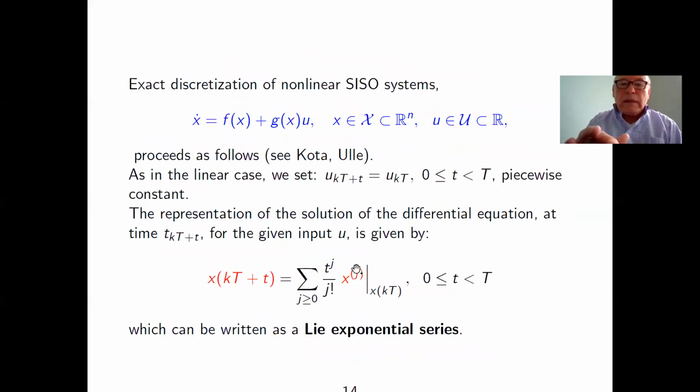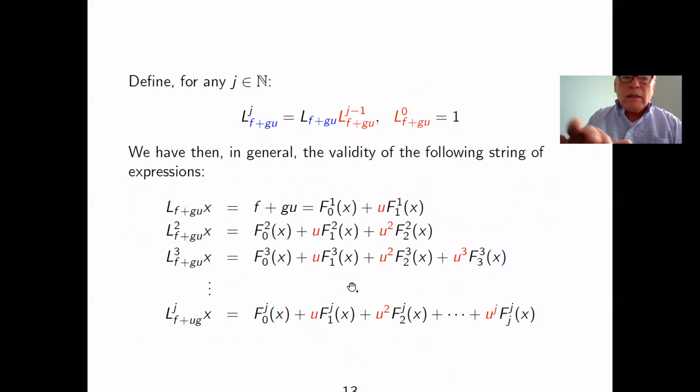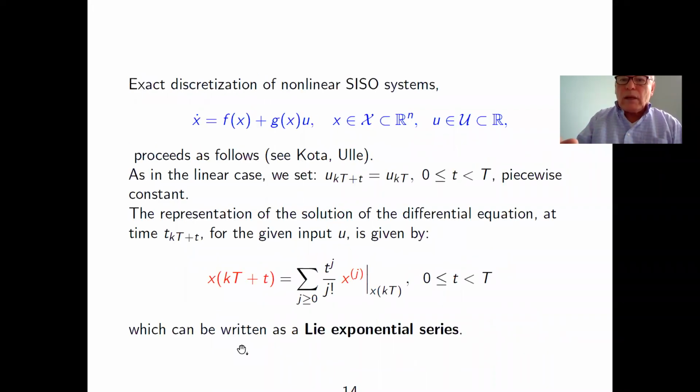Okay, the Taylor series expansion: when we substitute the derivative of the state vector x, of jth order, by the corresponding directional derivative of the vector x along the control vector field, we can substitute that derivative by this finite sum.